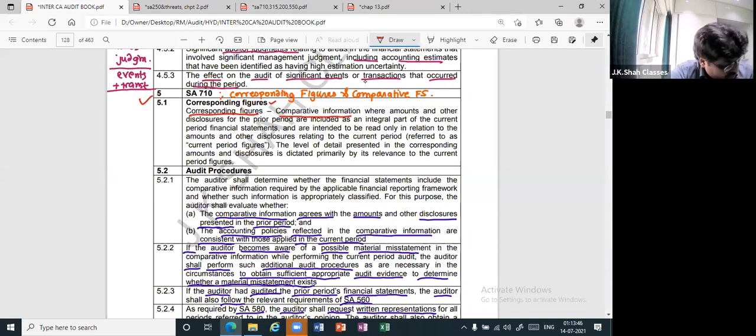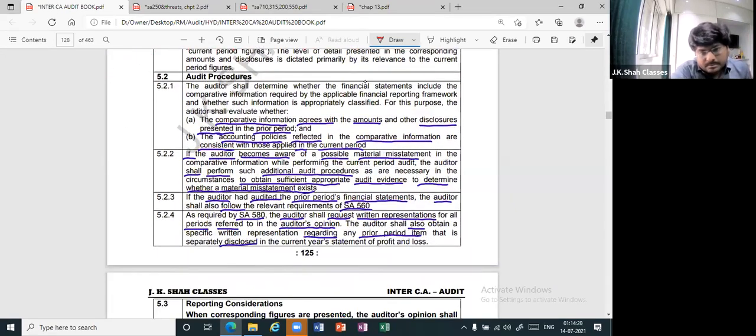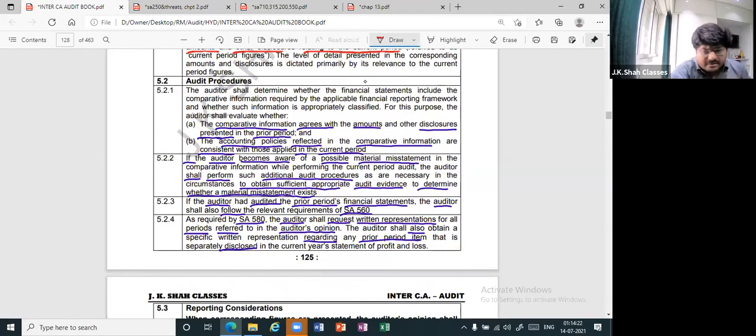It is comparative information where amounts and other disclosures for the prior period are included as an integral part of the current year's financial statements, and they are intended to be read only in relation to the amounts and other disclosures relating to the current period. In other words, it is nothing but the last year's information, which is an integral part of the current year's FS also, because you are giving two columns in the current year. Okay, take audit procedures. Same only, whatever we have.